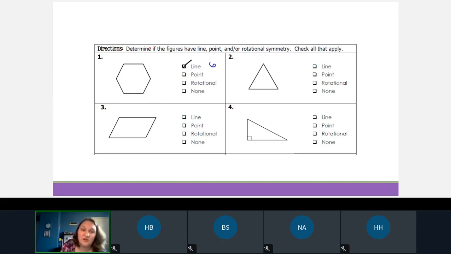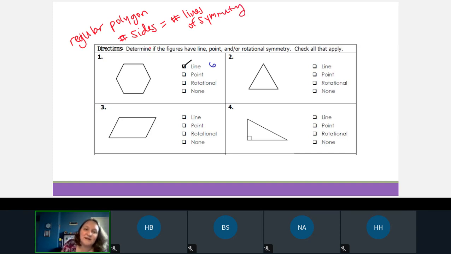So if you have a regular polygon, meaning all the sides are the same and all the angles are the same, then your number of sides, or n, will equal the number of lines of symmetry. Now that's only true for regular polygons. So this hexagon was great.